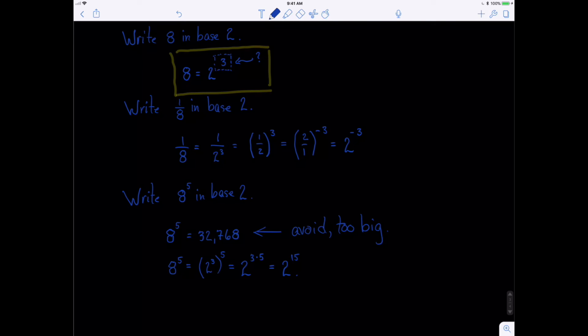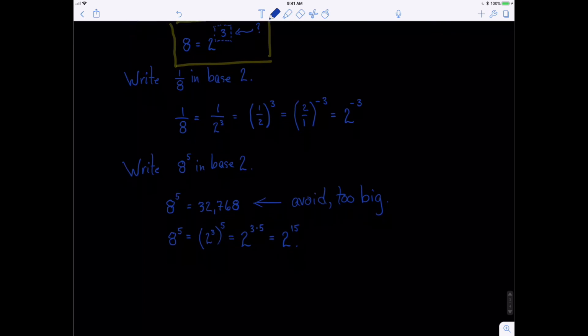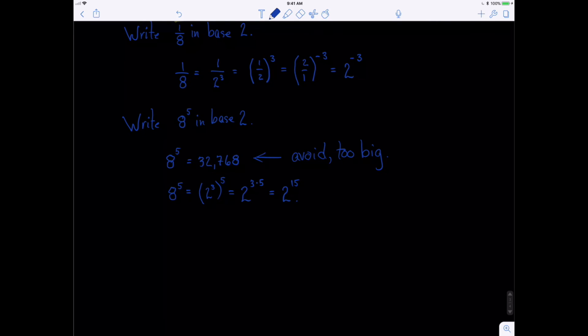One more point is this. When you're working on these, usually your goal is a whole number base, actually, I should say a counting number base.